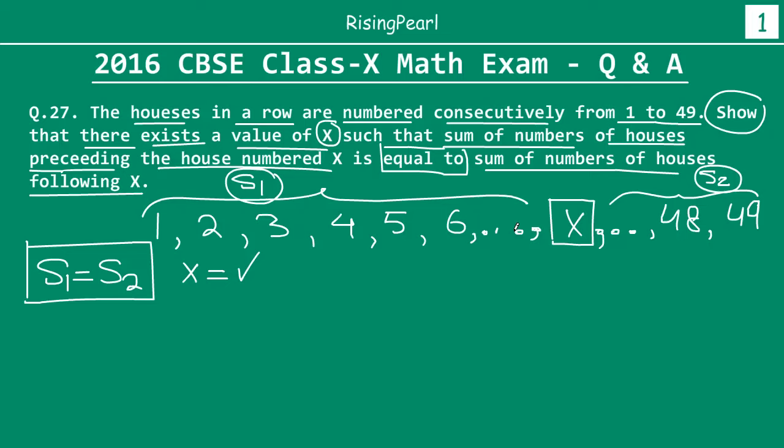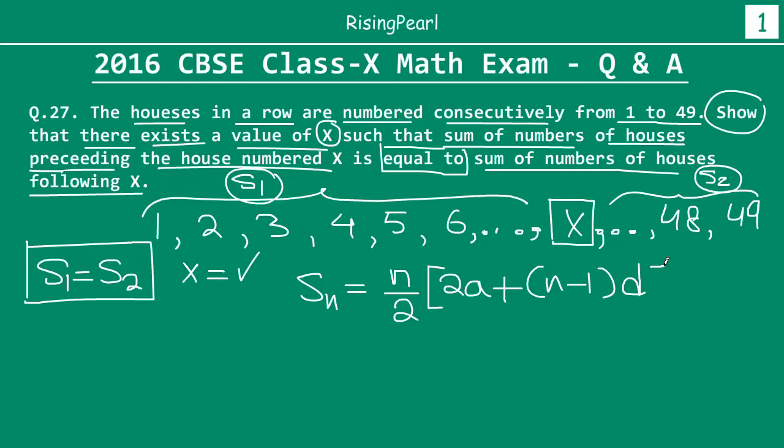What we are going to do is first find out how many terms there are. Remember the formula for the sum of n terms: S of n is n by 2 times 2a plus n minus 1 times d, where d is the common difference.